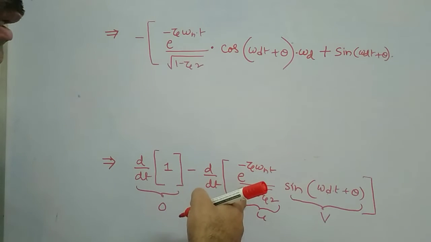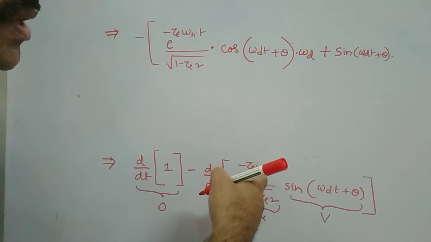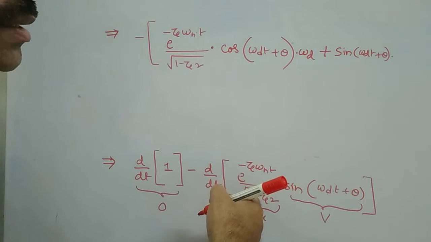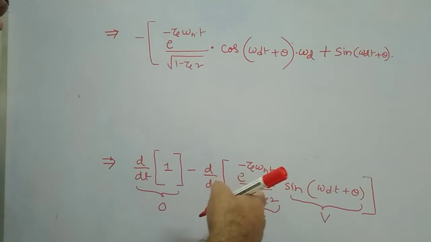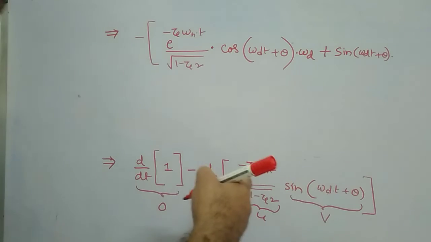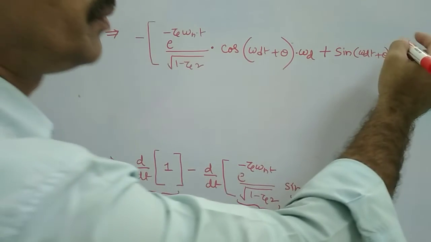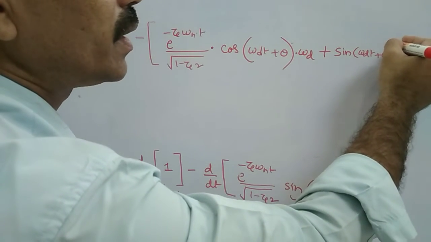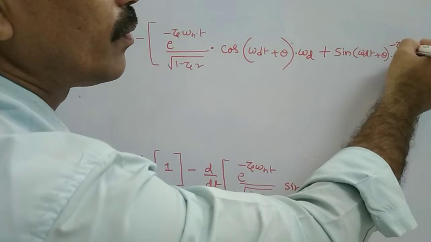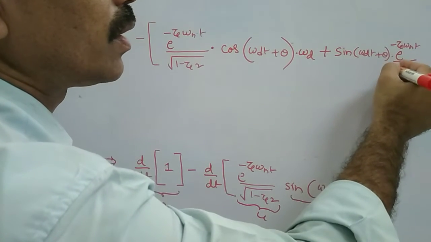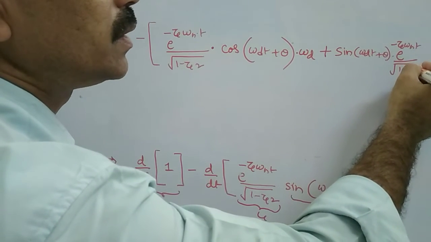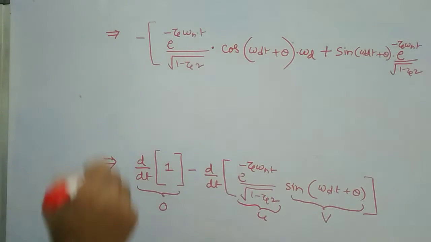So here e power minus zeta omega n into t by square root of 1 minus zeta square, the total exponential. If you differentiate exponential, only exponential will come, so you write it as it is, minus zeta omega n into t under square root of 1 minus zeta square. As it is, it will come, because as it is you write.